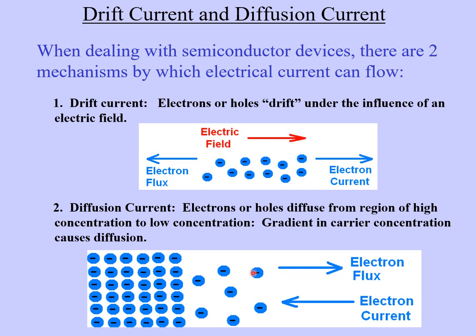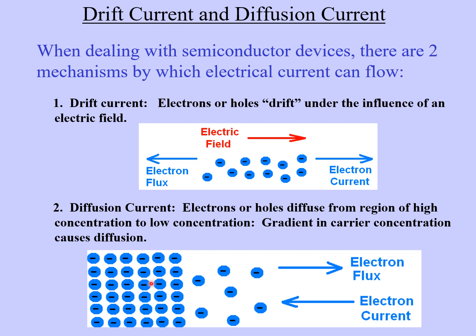So electrons or holes will always flow from where there are lots of them to where there are fewer of them. And there are lots of analogies of this. One of them is traffic coming from a big city like Los Angeles, and then a little suburb somewhere else near the city: the number of cars leaving the city will always be greater than the number of cars going into the city, just because there are so many more cars.